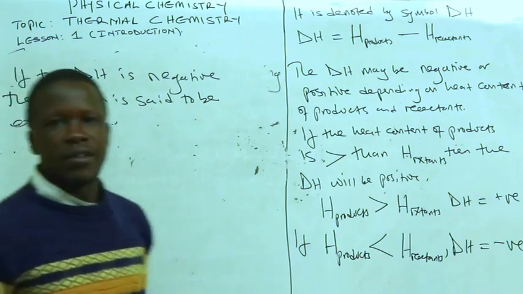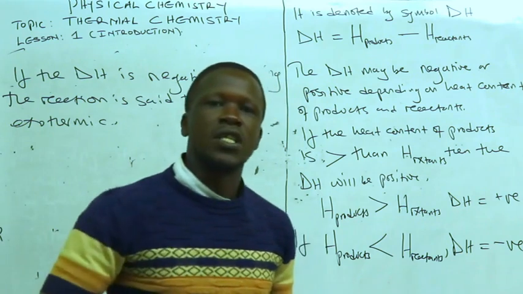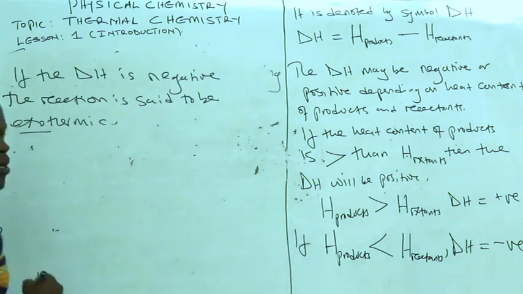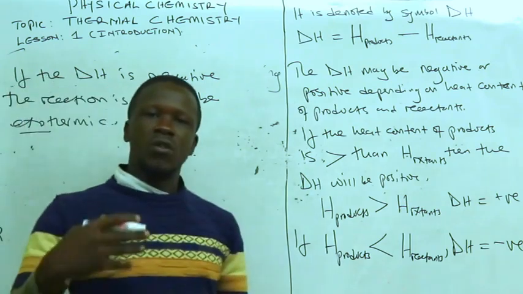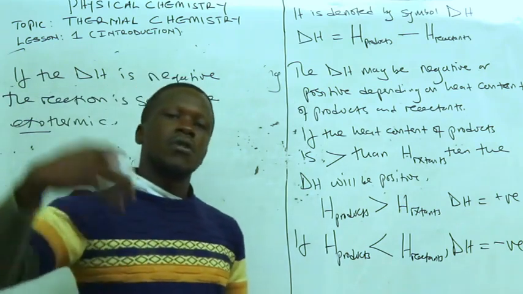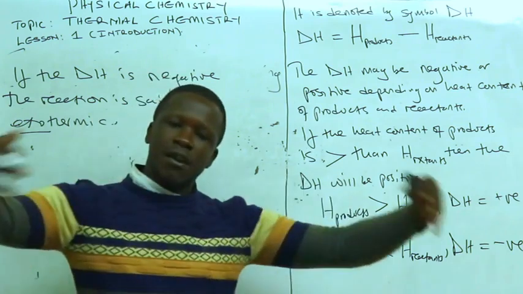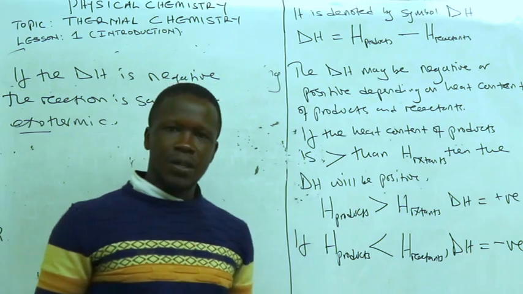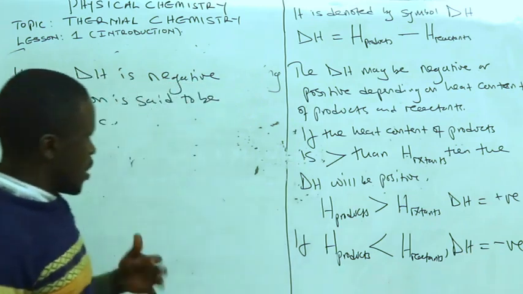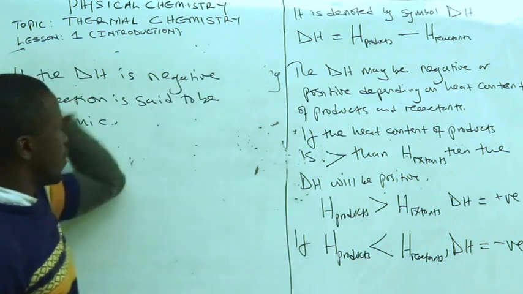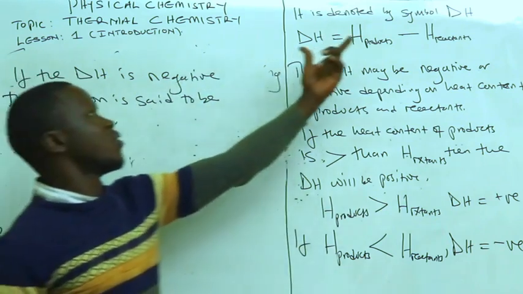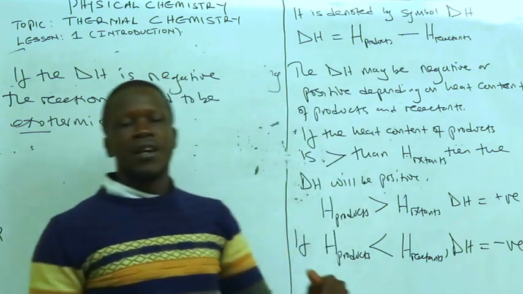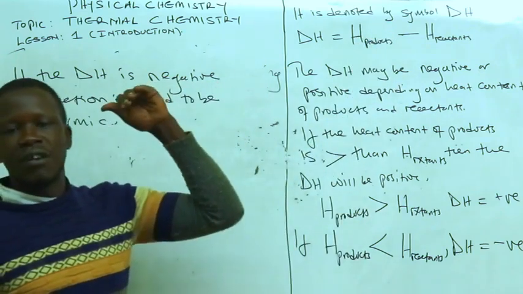It occurs while giving out heat to the surrounding, which is the meaning of the word exo. So you feel the surrounding getting warmer when this reaction is taking place because heat is being given out, and the heat content of the products formed will be less than the heat content of the reactants.